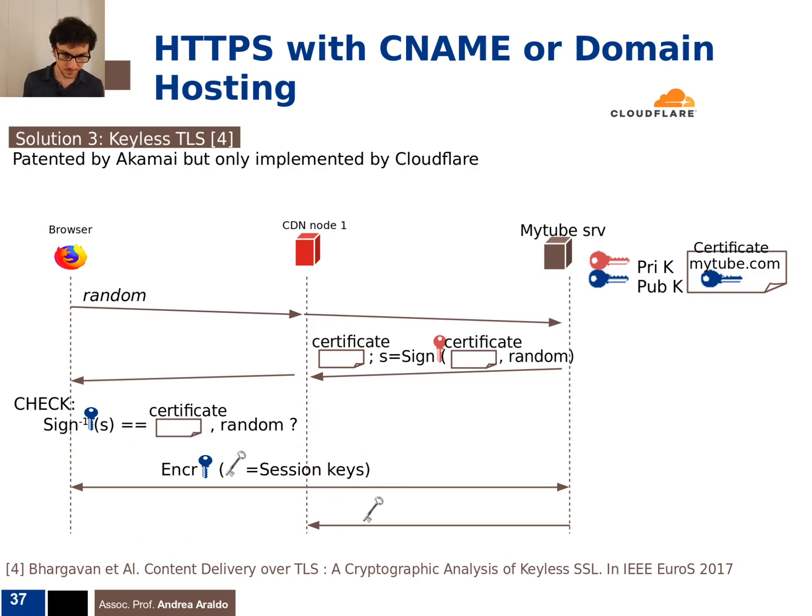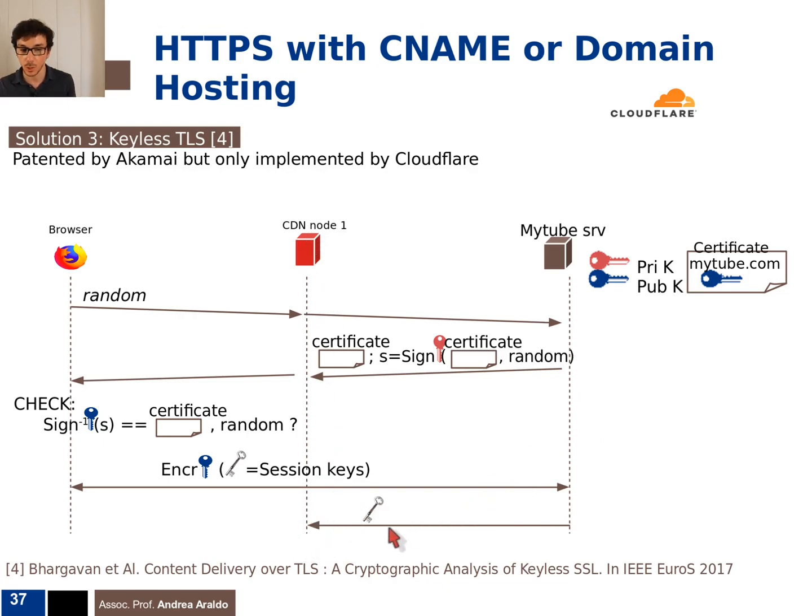So what is the advantage of this approach? Well, first, the private key remains in the hand of MyTube. Second, MyTube has its own certificates, so the CDN cannot impersonate MyTube. So if the CDN starts to act maliciously, MyTube can just stop using it, and to do so, it suffices not to send session keys to the CDN.